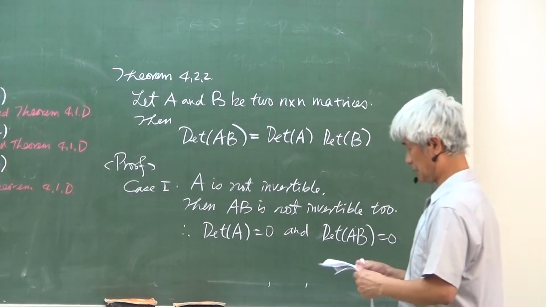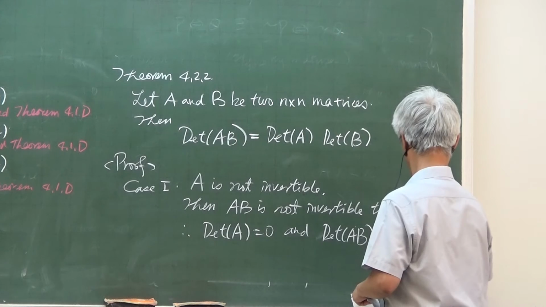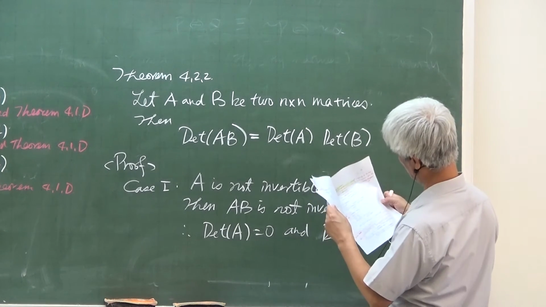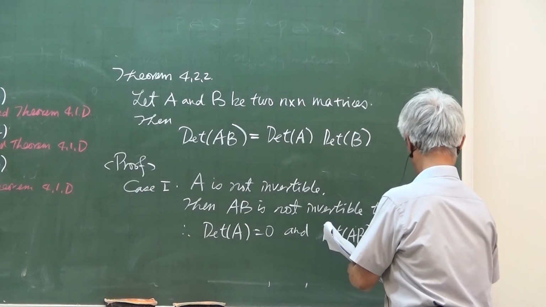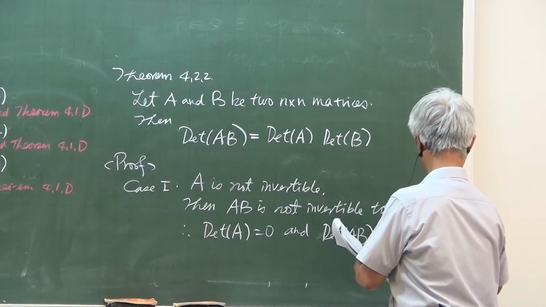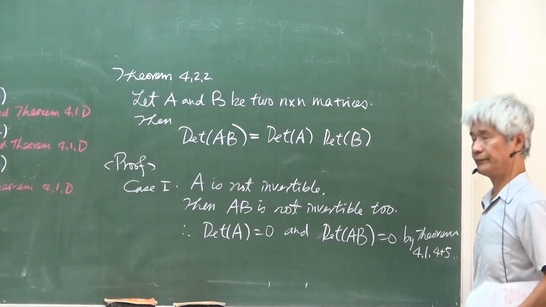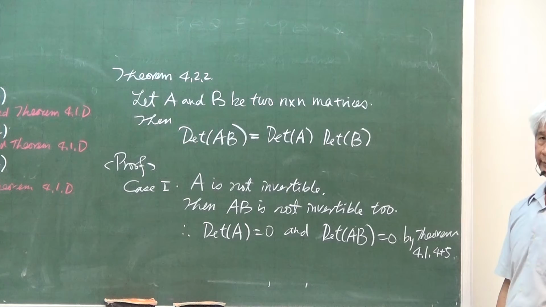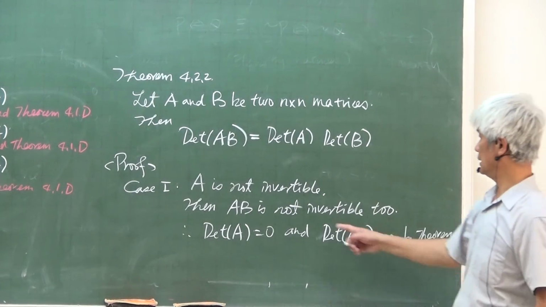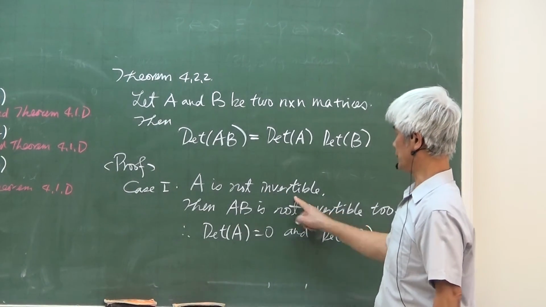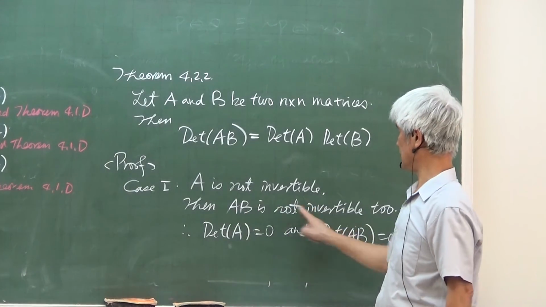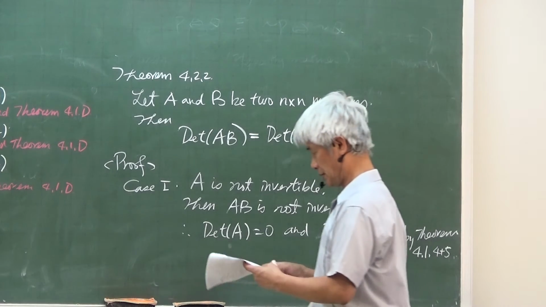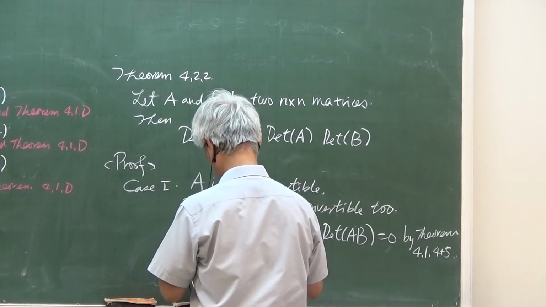That is the theorem, 4.1 something. We proved that for the invertible matrices. So A is not invertible, of course the determinant of A is 0. AB is not invertible, so the determinant of AB is 0.